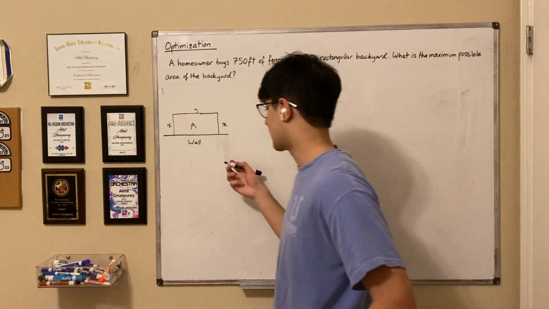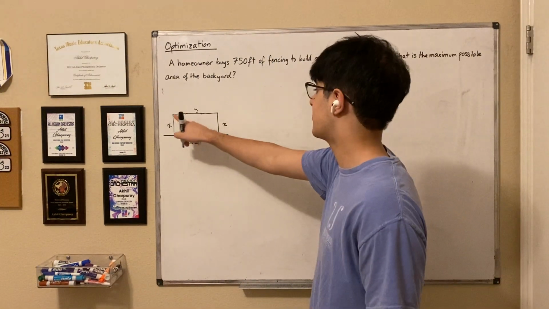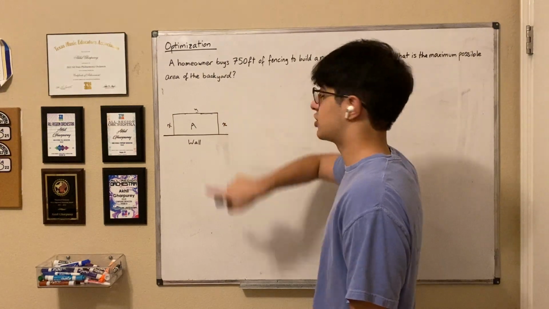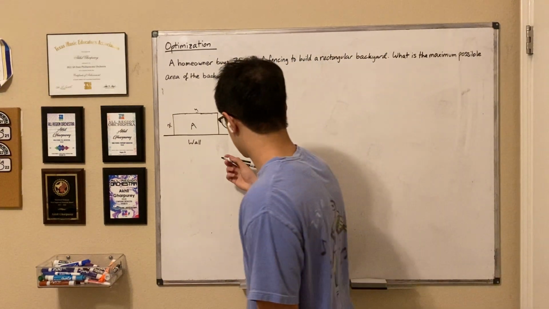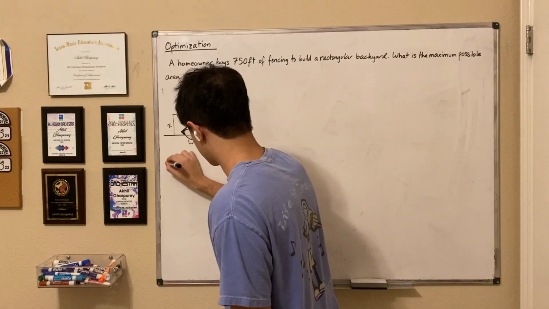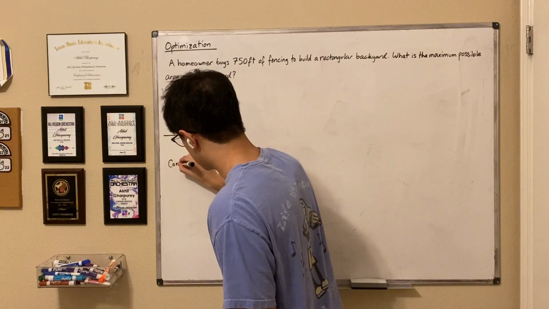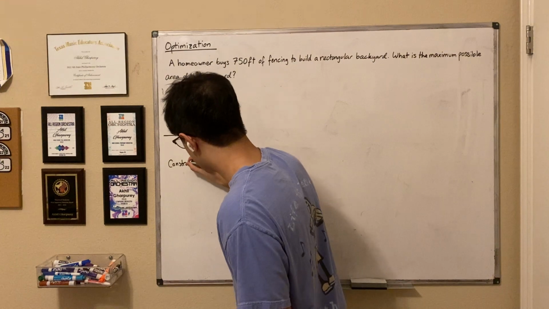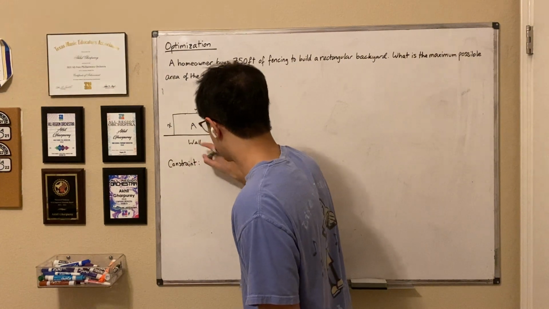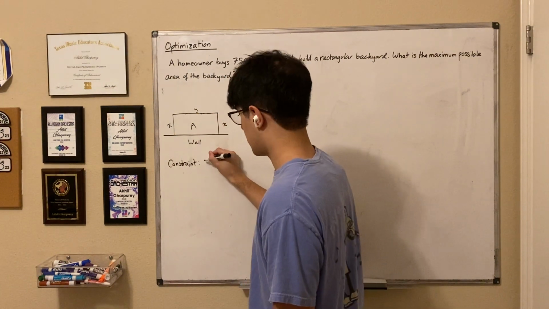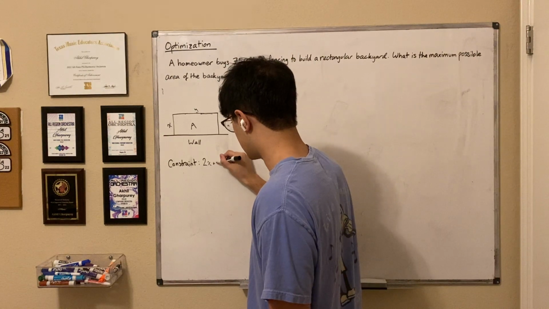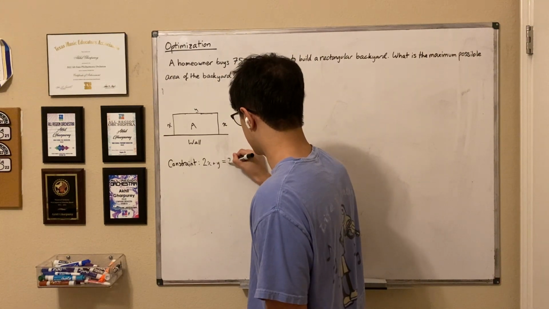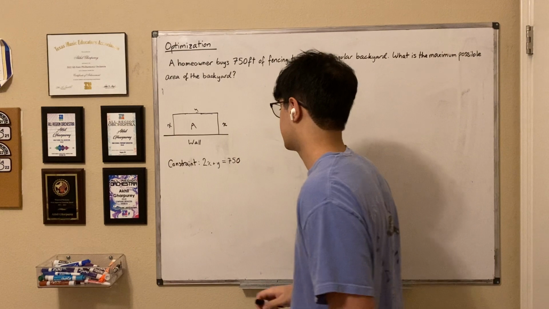So here's the constraint we have. The total amount of fencing here should add up to 750. So the constraint function, we will say, is that 2x plus y is equal to 750.